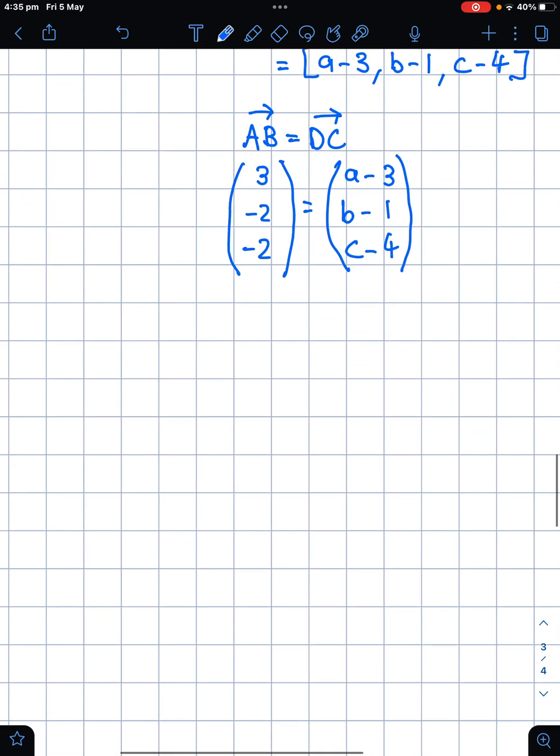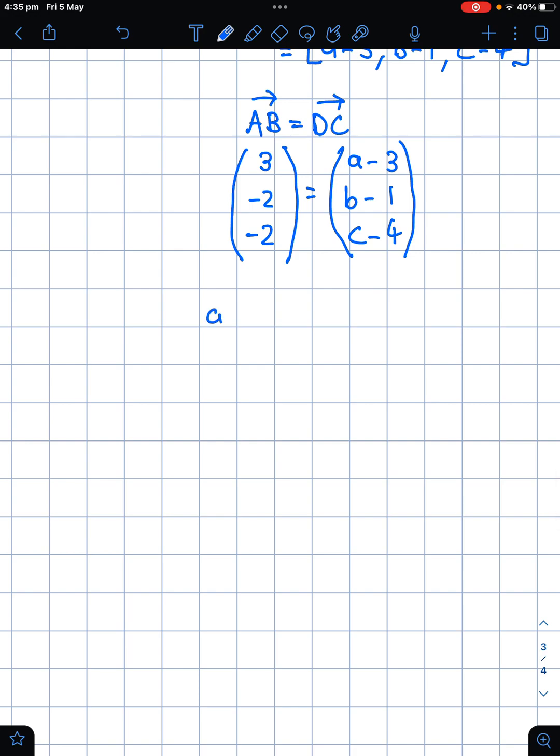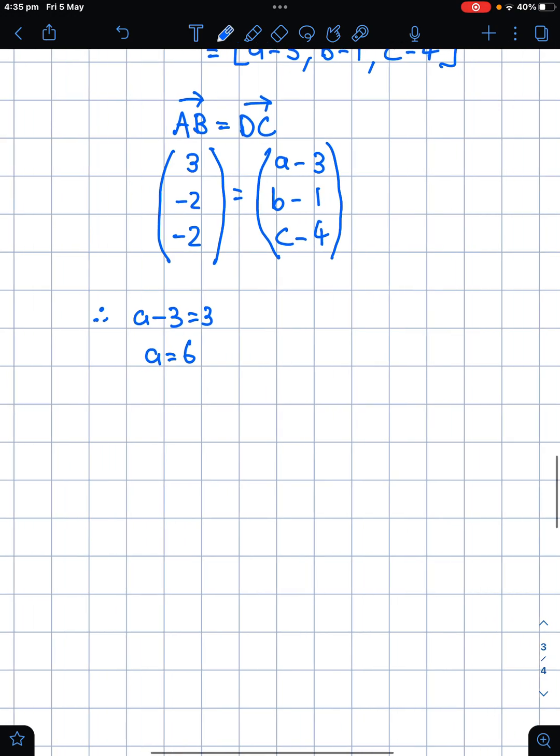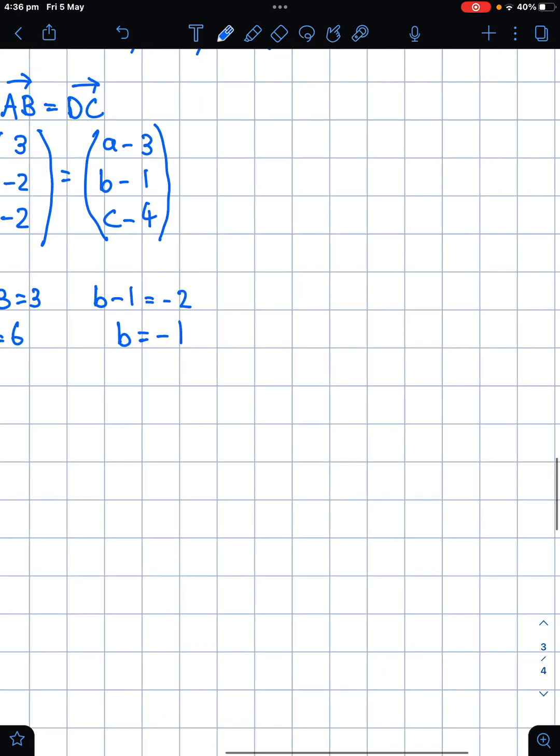So using these individual equations, I can go, well, therefore, A minus 3 equals 3, A equals 6. I've got B minus 1 equals -2, plus 1 to both sides, B equals -1. And then my last one here is C take 4 equals -2.